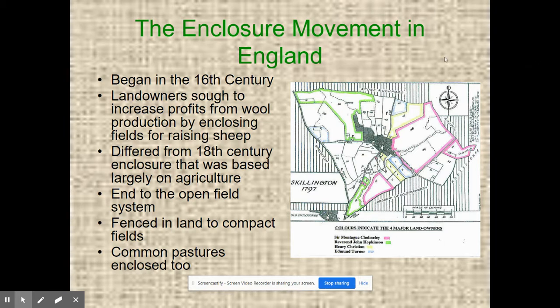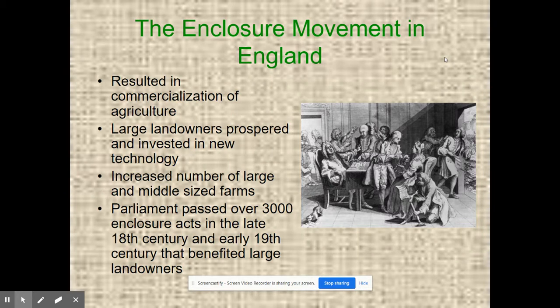But it does increase the power of the landed gentry, which then increases their power in things like parliament. So you're seeing this shift again away from nobility as you had increased the middle-sized farms, and then parliament is going to push, like we said, the Enclosure Act in the 18th century, which basically benefited large landowners, which were no longer the nobles for the most part. We're seeing this beginning of, like I said, the landed gentry, that upper, not middle class, but upper middle, lower upper class that aren't landed with titles.